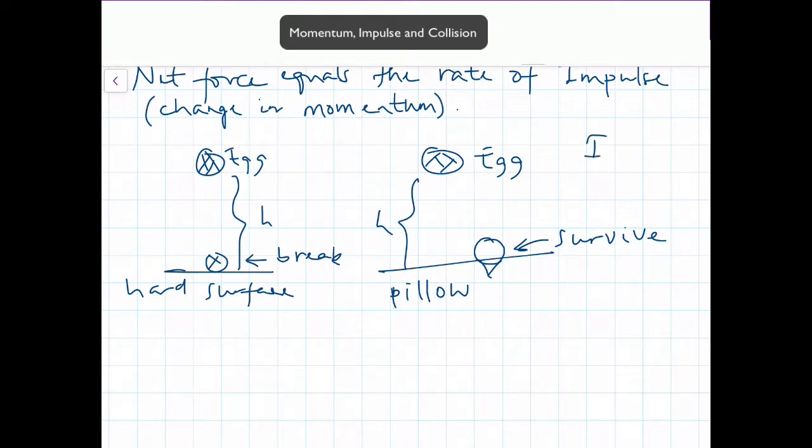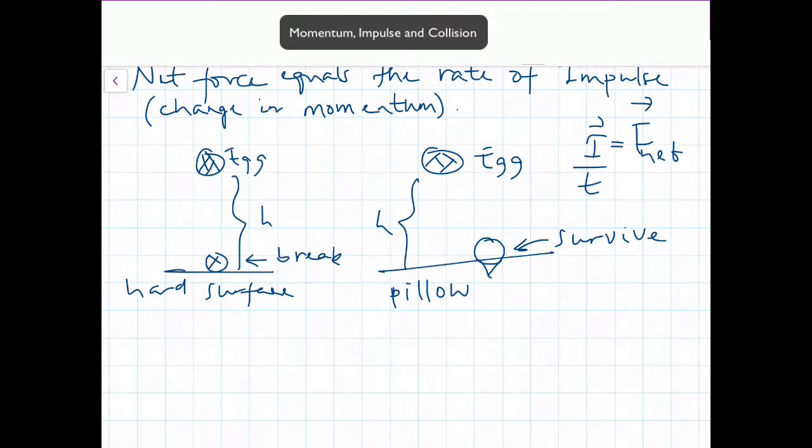Impulse, which is the change in momentum, divided by time, is equivalent to the net force experienced by the object. Impulse is the change in momentum, so it depends on the mass and the velocity of the object. Since the egg is falling from the same height, it is going to have the same final velocity. As a result, it has the same impulse, or the same momentum.